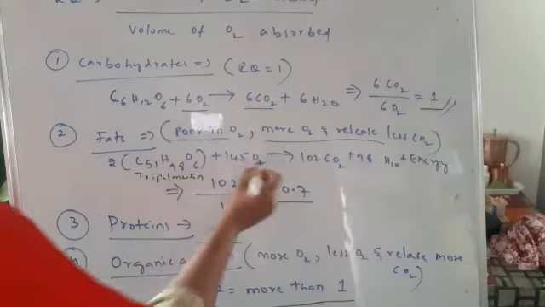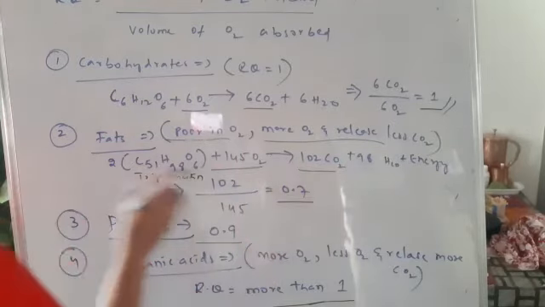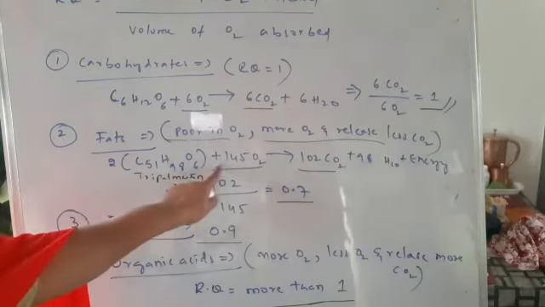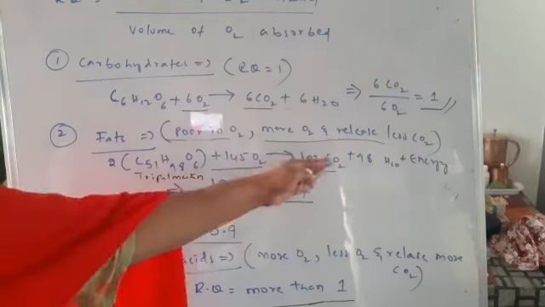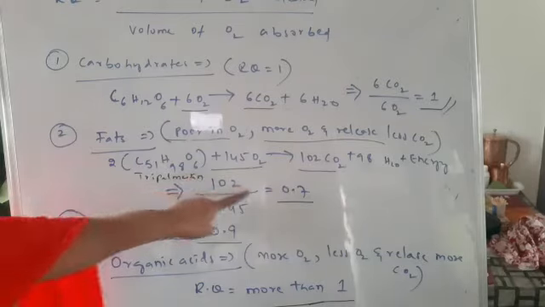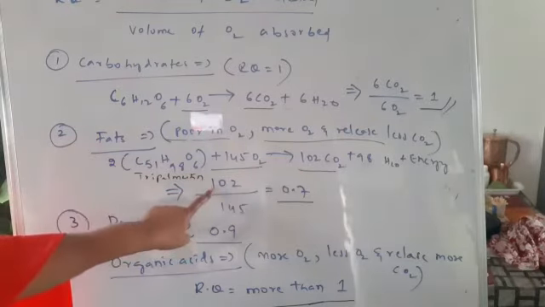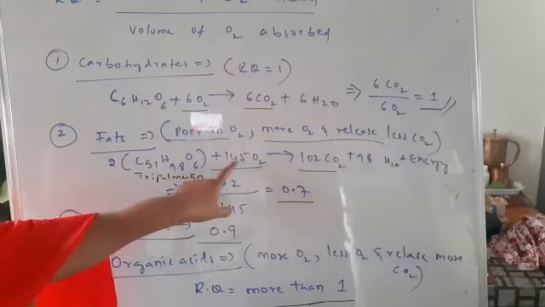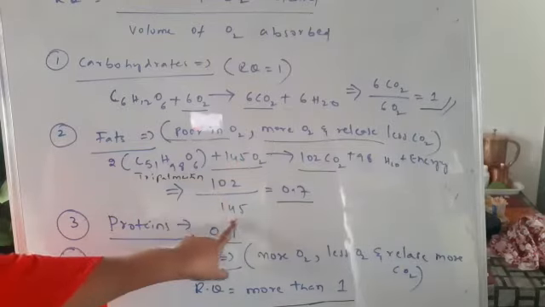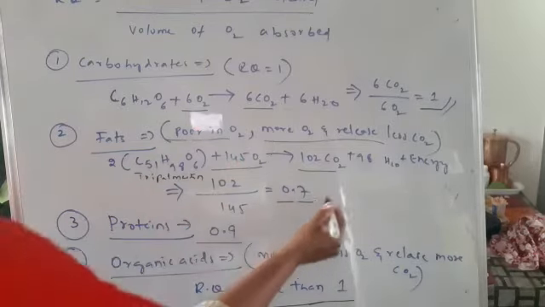So the fat molecules are utilizing 145 oxygen and releasing 102 CO2. According to the formula, the volume of CO2 released is 102, the volume of oxygen utilized is 145. So 102 by 145 is equal to 0.7.